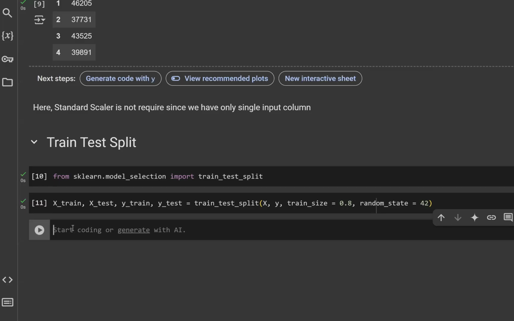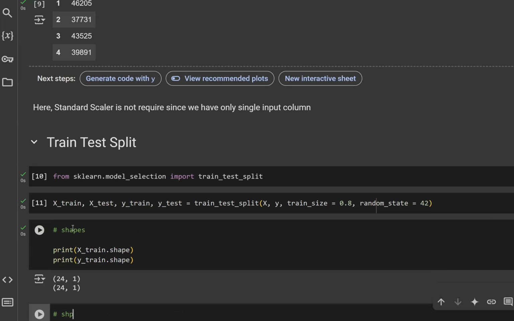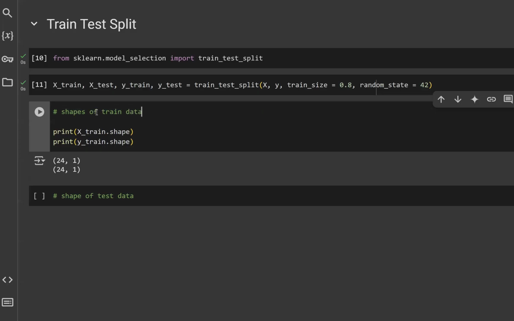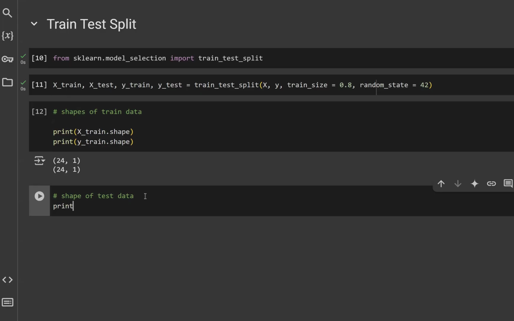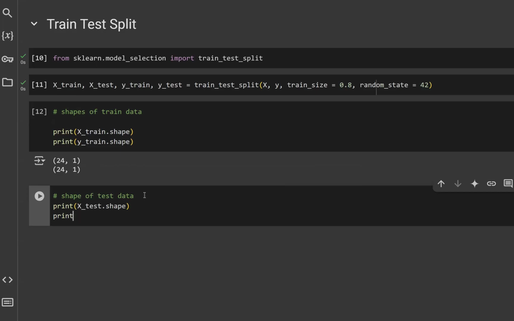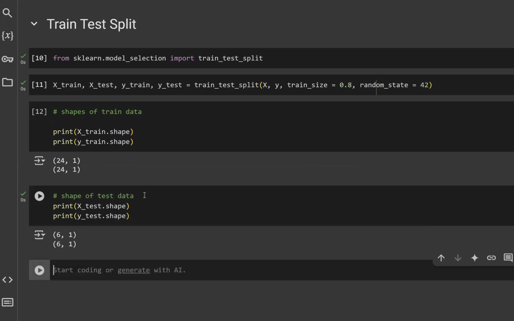Okay. So let's verify the shape. See guys, it was right.